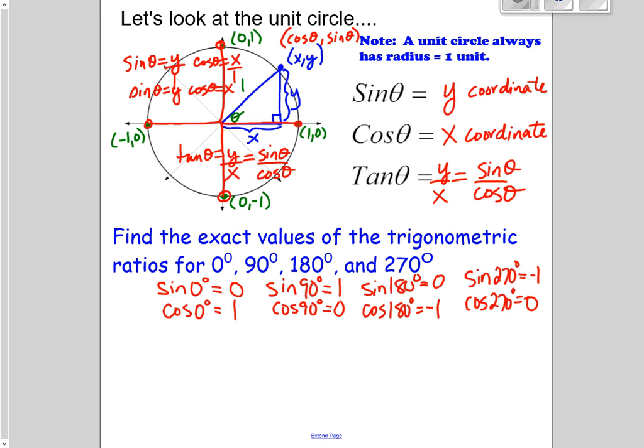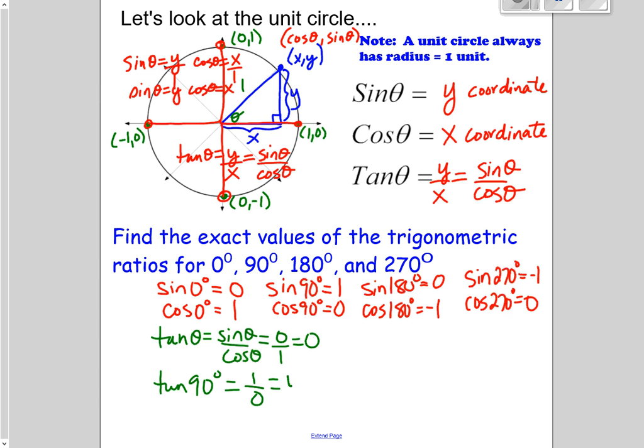So then, if I want to figure out my tan, remember tan is always equal to sine over cos. In this case, for 0 degrees, sine was 0, cos was 1, and it equals 0. And then the tan of 90 degrees is going to be sine, which was 1, over 0.